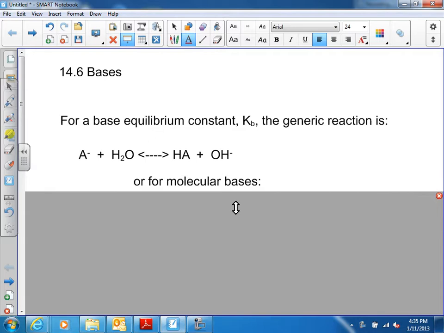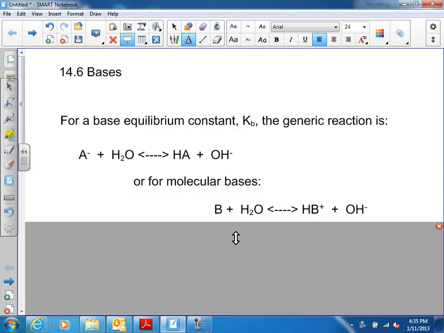We also have what are called molecular bases, which would just be B for base. It's the molecular base because there's no charge on it. We still have to add water, so whether we have an acid or a base, we always have water and the acid or base as a reactant. And with a molecular base, we'll form HB plus, because we have to have an H plus, which is the conjugate acid to the base.